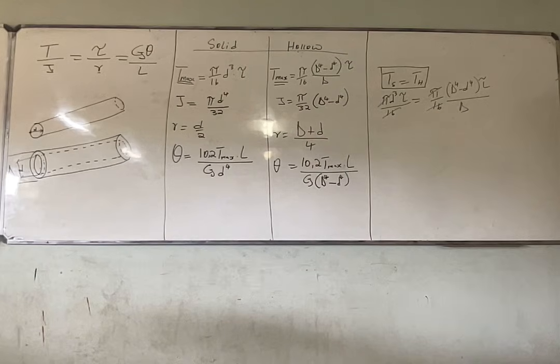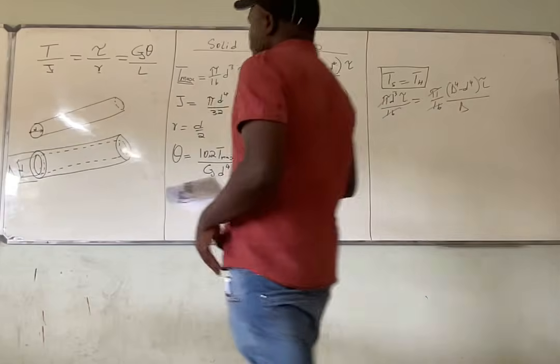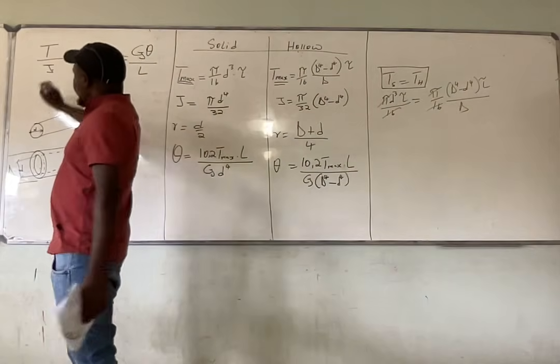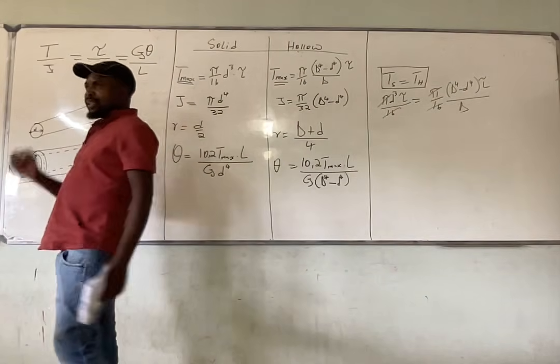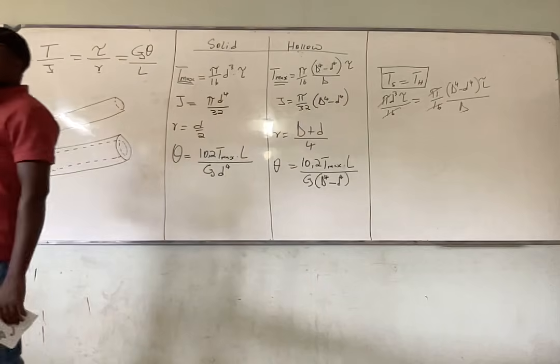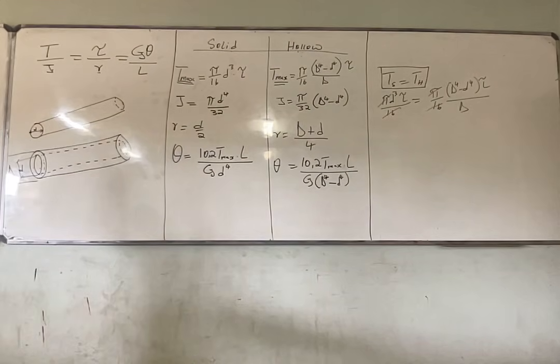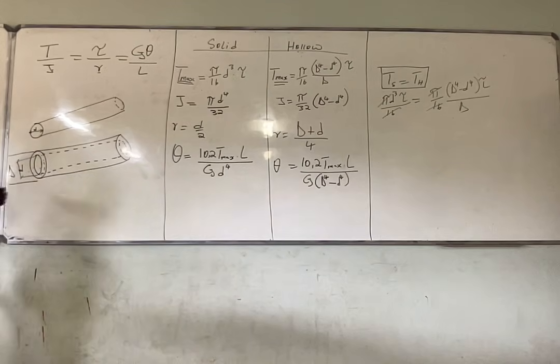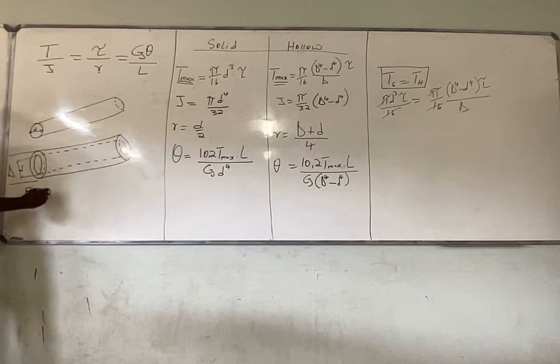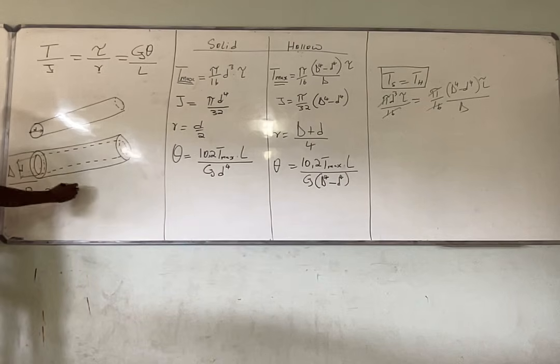So if you have noticed, every formula, when it talks about T, it refers to maximum torque. The only formula that uses mean torque is the power, the one we started with. Power is equal to 2 pi nT over 60.